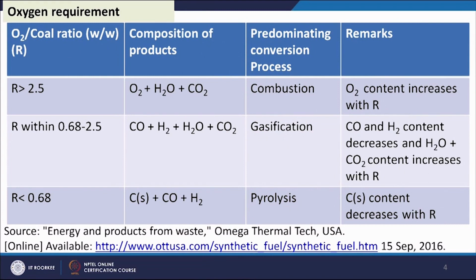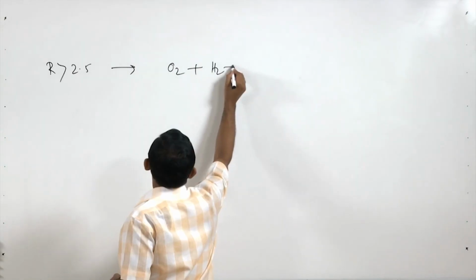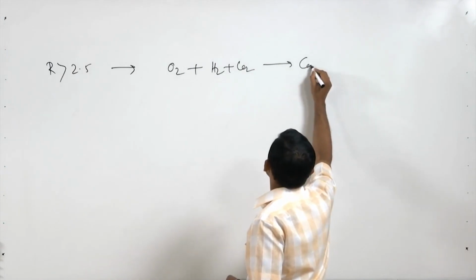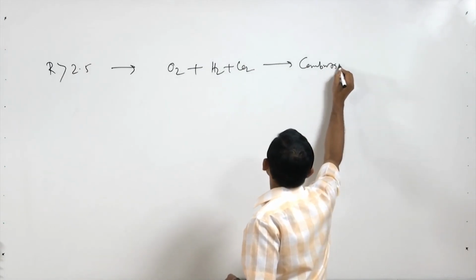In this source it is mentioned that for the oxygen to coal ratio, weight by weight, which we have defined as R, if it is greater than 2.5, then the produced gas will contain oxygen, H2O and CO2, and the process will be a combustion process.